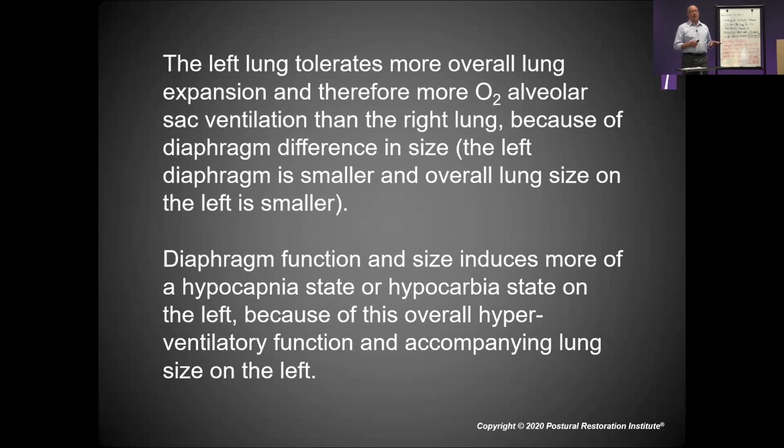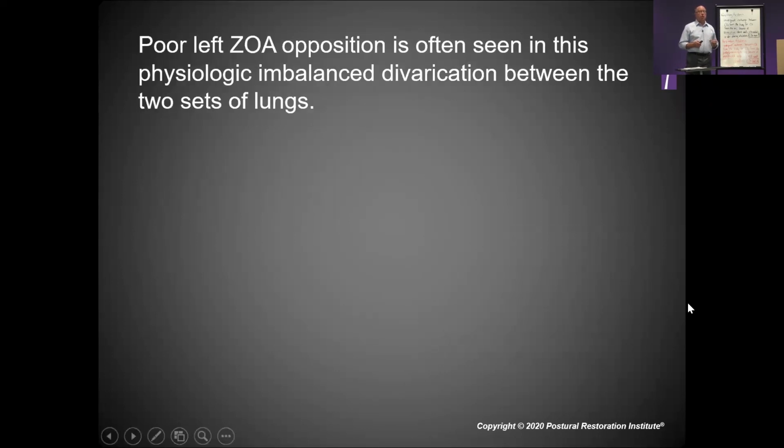We'll go over the symptomology related to these two examples in a minute, but that's a really important slide. The function of the diaphragm when it's in this over-imbalanced state, if you will. Poor left zone of apposition is often seen in this physiologic imbalanced divarication between the two sets of lungs.